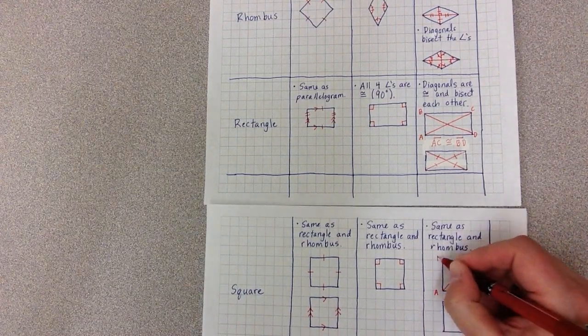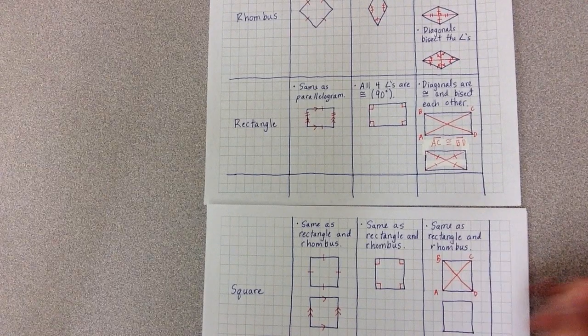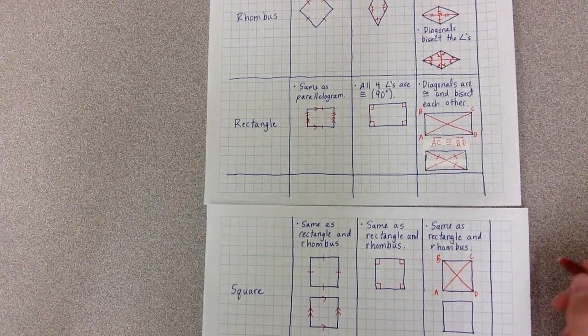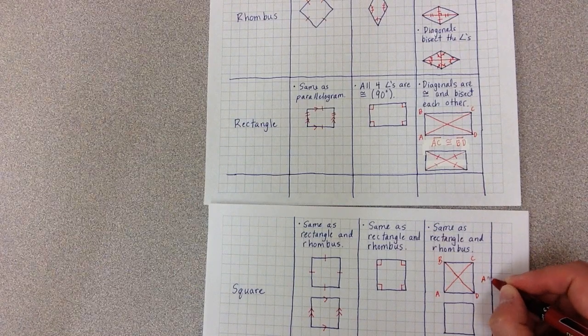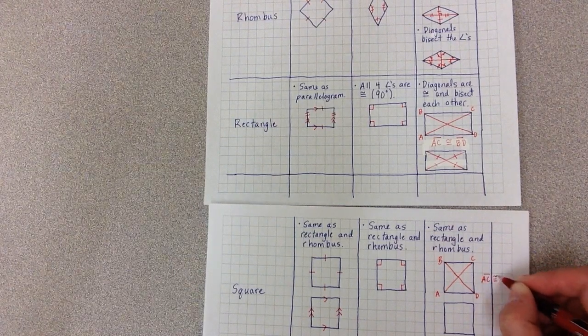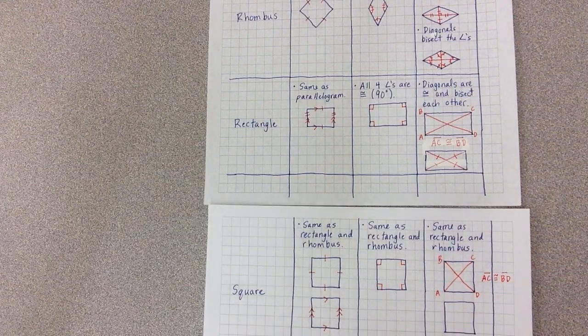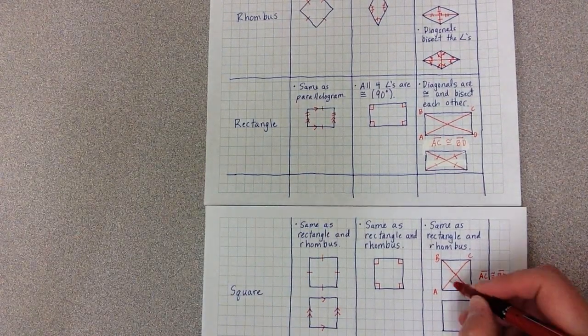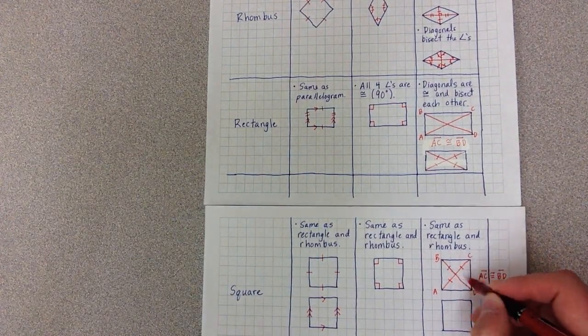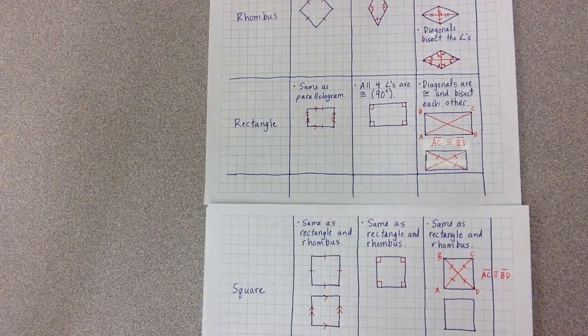So A, B, C, D, and let's see, we would say that AC is congruent to BD. But we also know that these diagonals cut each other in half. They bisect each other. So that's going to make the 4 half pieces of the diagonals all congruent.